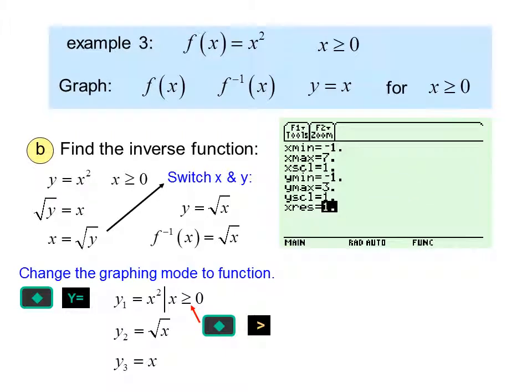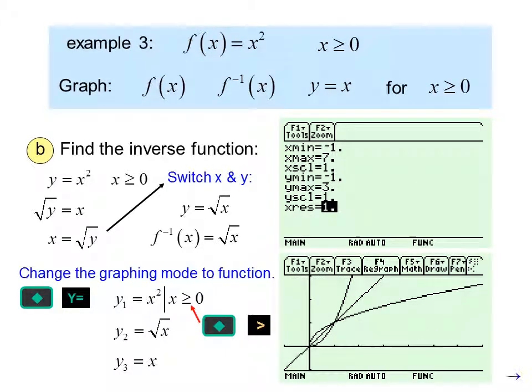And we press diamond window, set up an appropriate viewing window, and press diamond graph. Once again, we have the original function and its inverse.